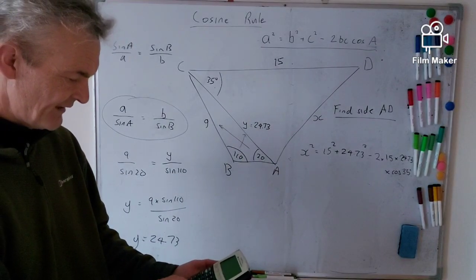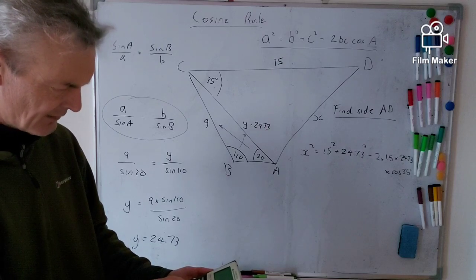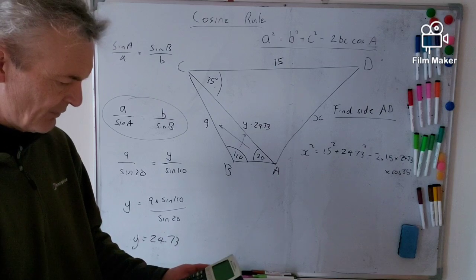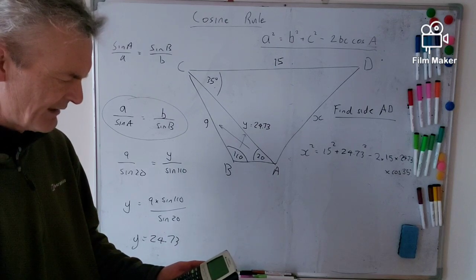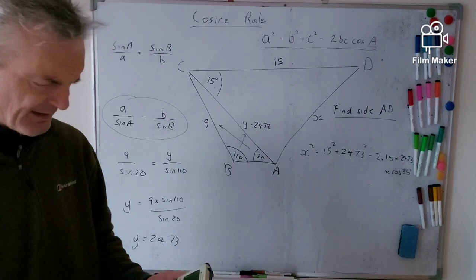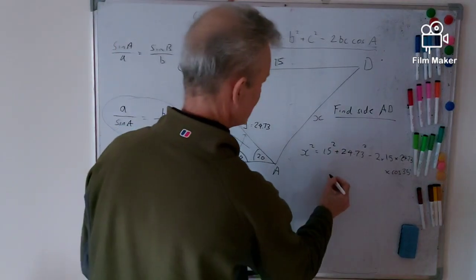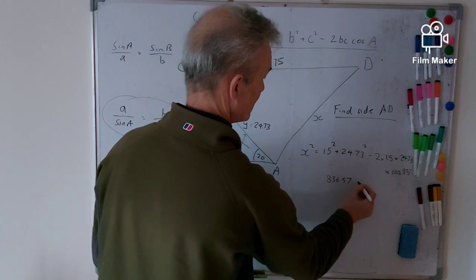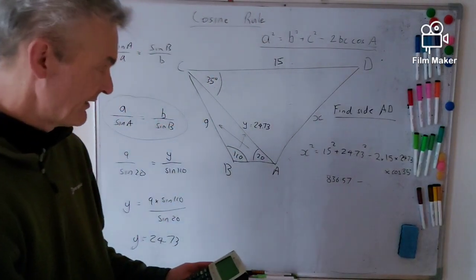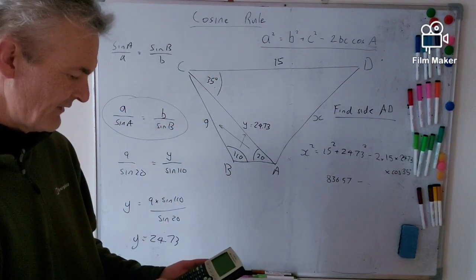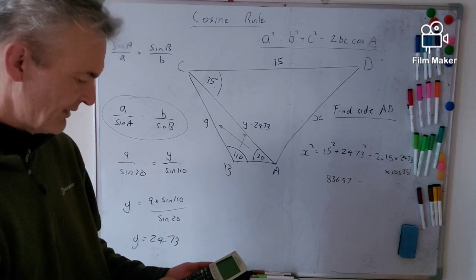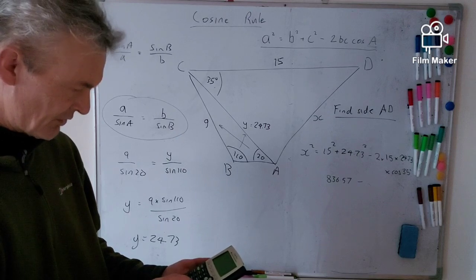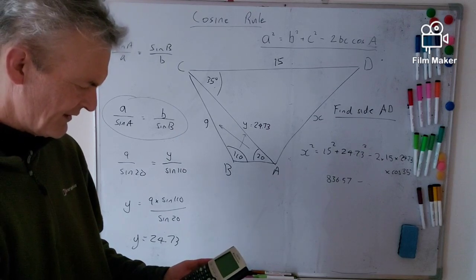So we've got 15 squared plus 24.73 squared. That's going to give us 836.57. And then let's do the other bit. So that's 2 times 15 times 24.73 times cos 35.